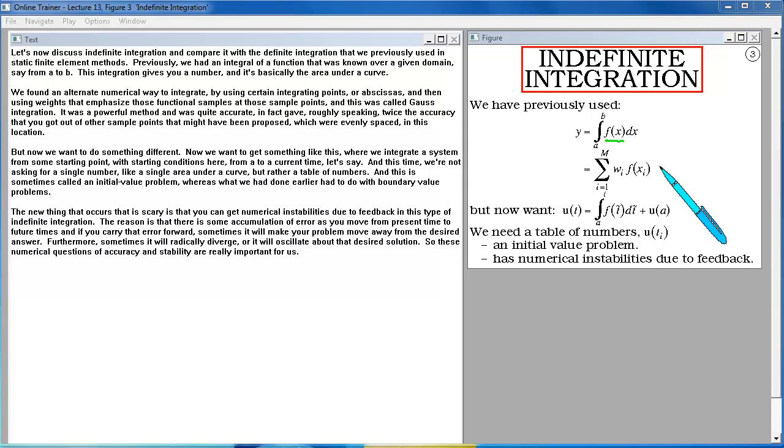We found an alternate numerical way to integrate by using certain sample points, or abscissa, and then using weights that emphasize those functional samples at those sample points. And this was called Gauss integration. It was a powerful method and was quite accurate. In fact, it gave, roughly speaking, twice the accuracy that you got out of other sample points that might have been proposed, which were evenly spaced in this location.